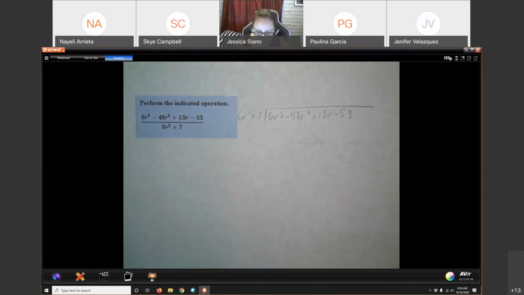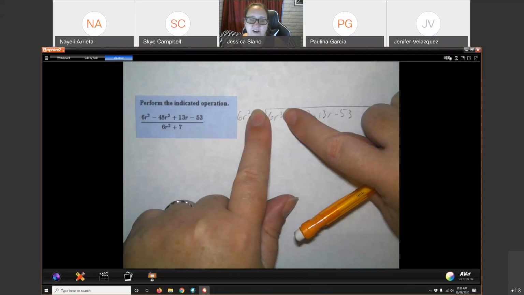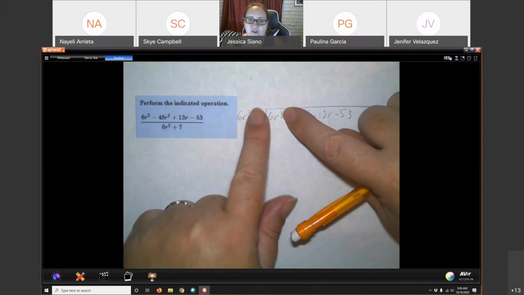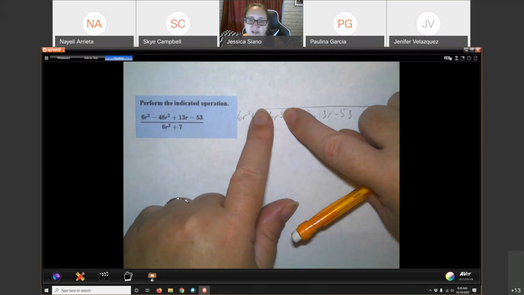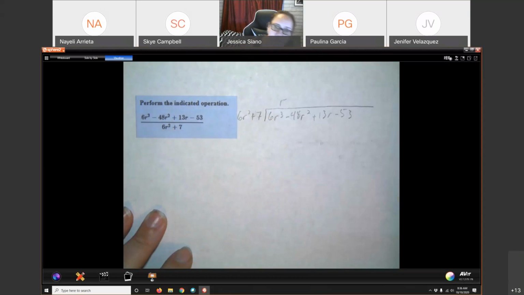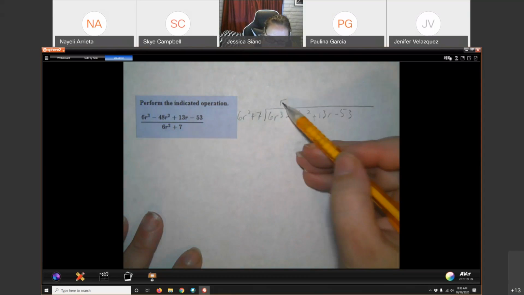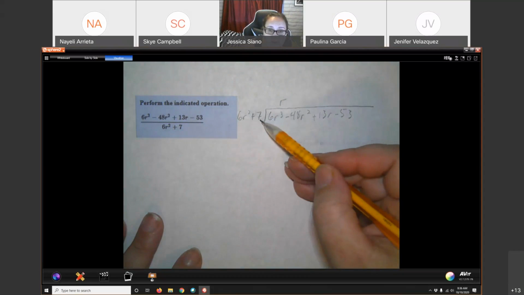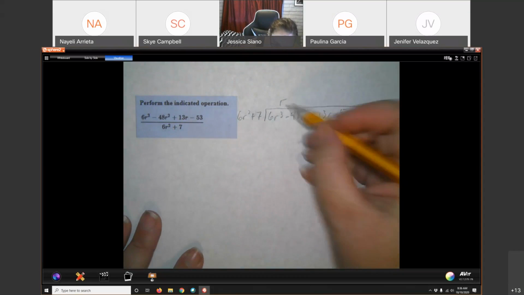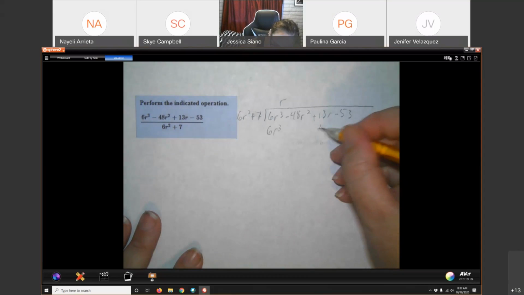You start at the top and you ask yourself, what is 6r to the third? We always deal with the first and the first. What is 6r to the third divided by 6r squared? Well, that would be just an r. And then you multiply. R times 6r squared plus 7 would be 6r to the third, plus 7r.